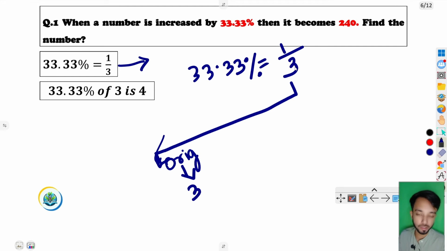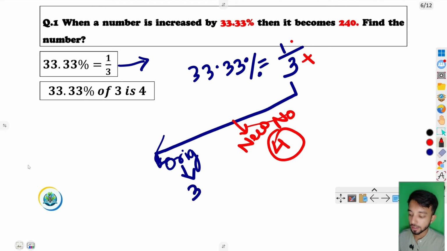And we consider the new number as the denominator plus 1, that is your 4. The original number was 3, the new number is 4.